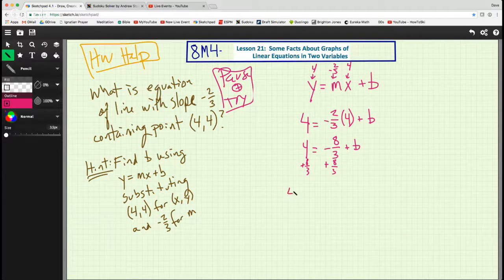And we get 4. I'm just going to write 4 over 1 because we're going to have to do some conversion. Plus 8/3 equals b. So this guy needs to be converted. So let's put him into 12/3 because I have to multiply by 3, top and bottom. Plus 8/3 equals b. And so b equals 20/3.